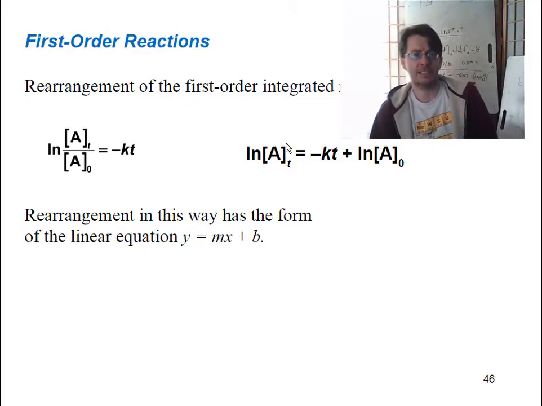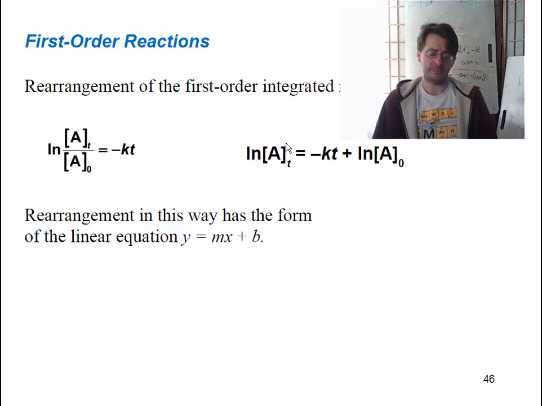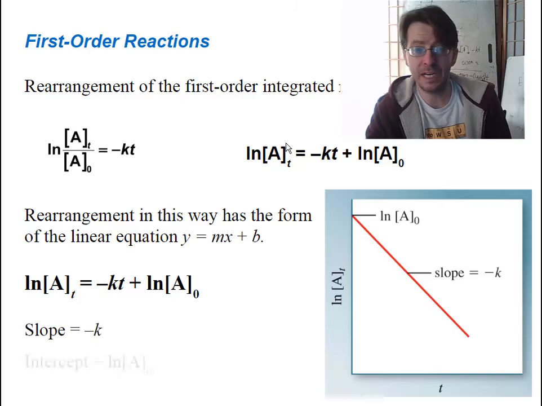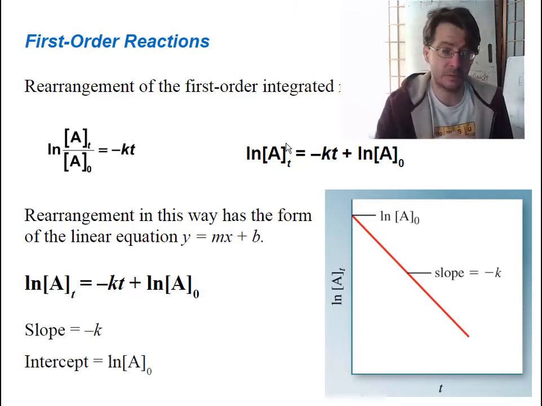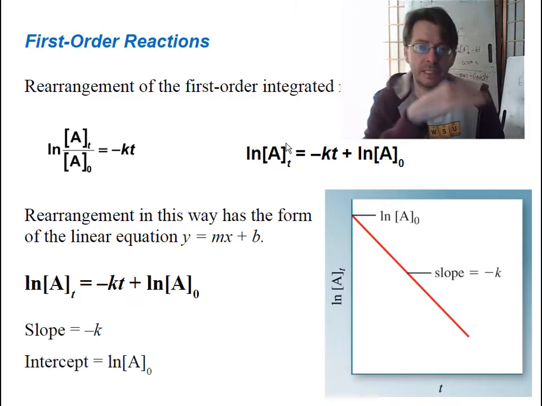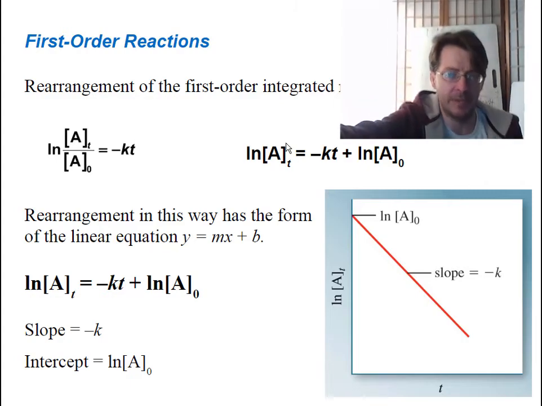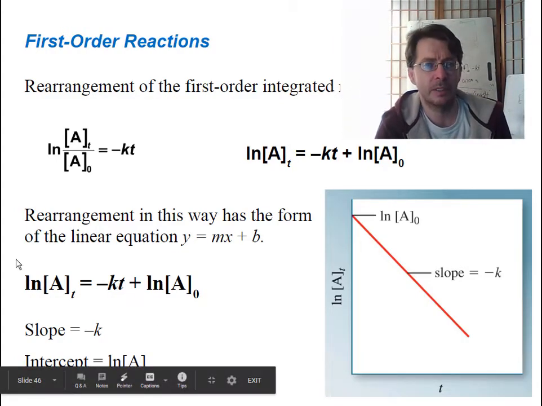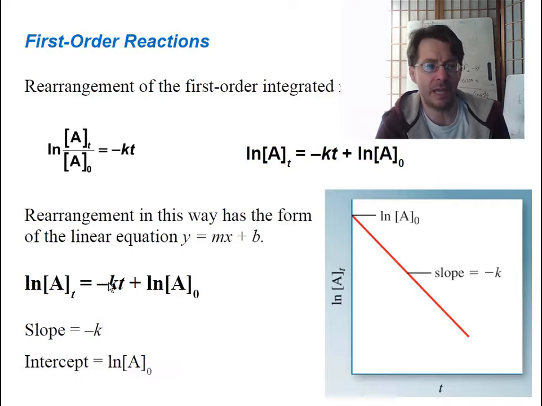For first order reactions, you can rearrange them, and it turns out that this is a linear equation. We're not going to do this, so you can shut off your brains at this point. You can pick them up again in about 5 minutes when we talk about the next order. But you can see that this is a linear relationship: y is equal to mx plus b, where b is a constant.